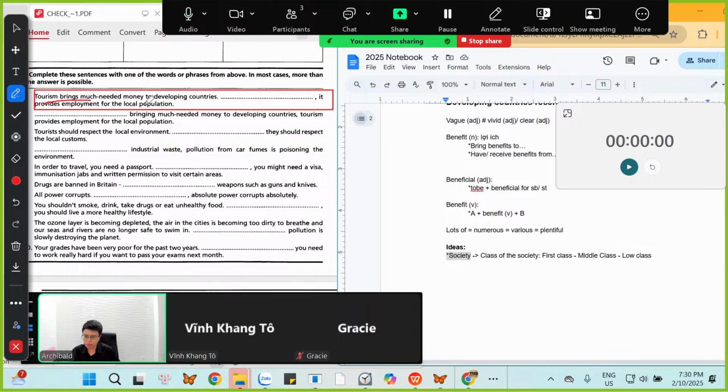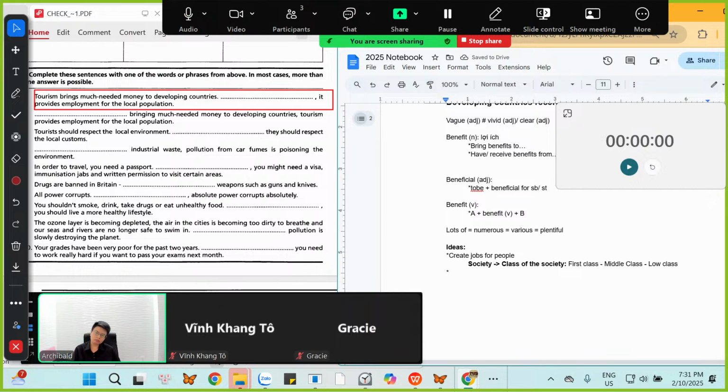You say tourism brings, okay, money to developing countries, and the government controls money, and people, okay, have jobs, right? So once you speak of jobs, you need to show me, okay, which class of society. So this is the idea for you to talk about, okay, create jobs. You say that tourism creates jobs for people, but we don't understand what kind of people receive a chance to work. Once we talk about society, we need to talk about the classes of society, please.